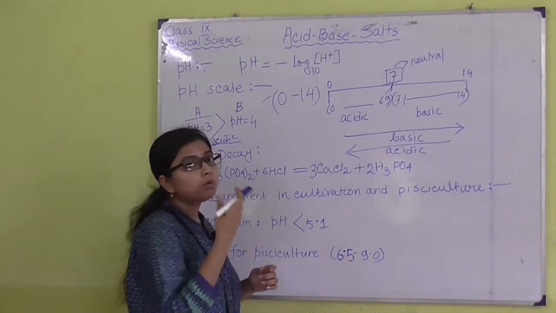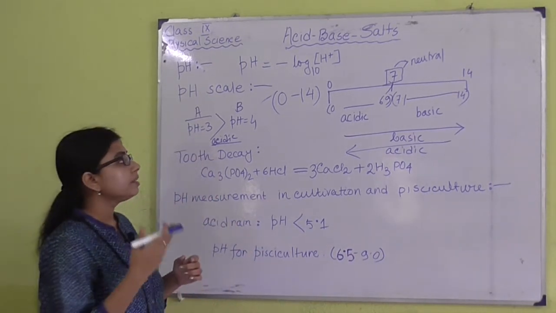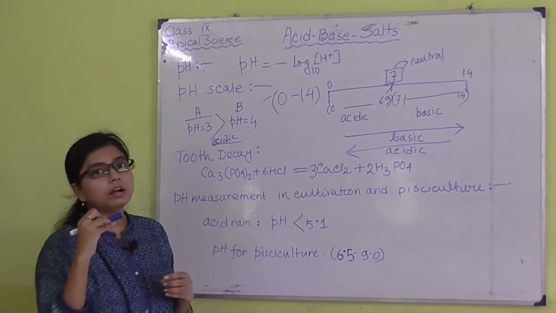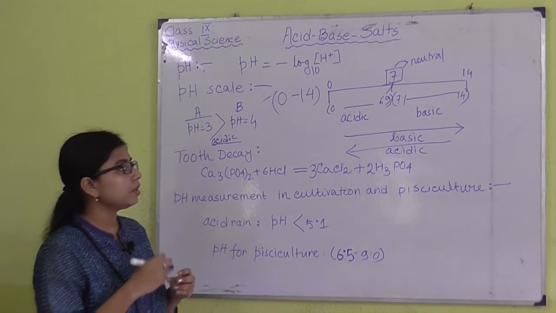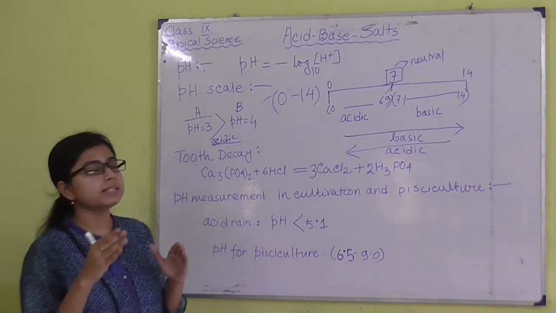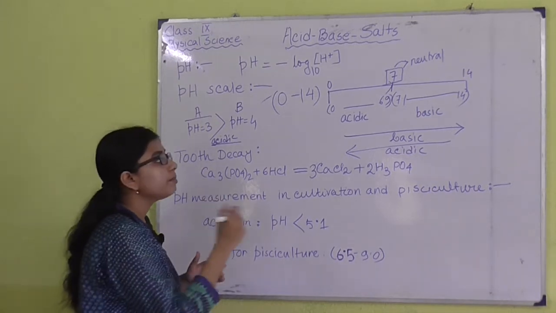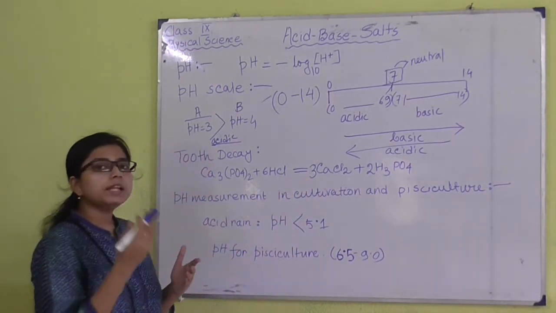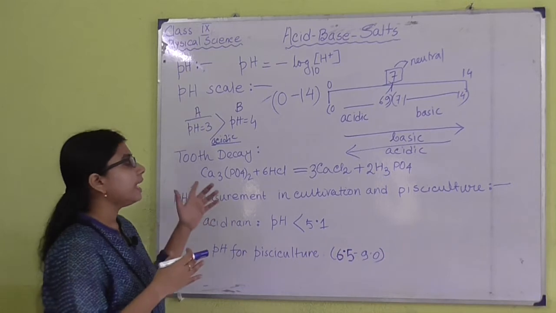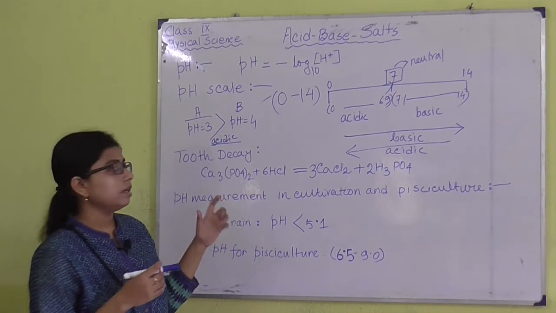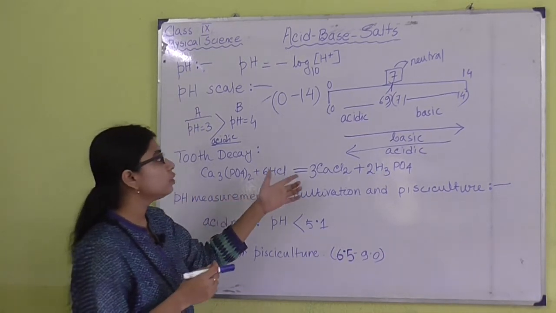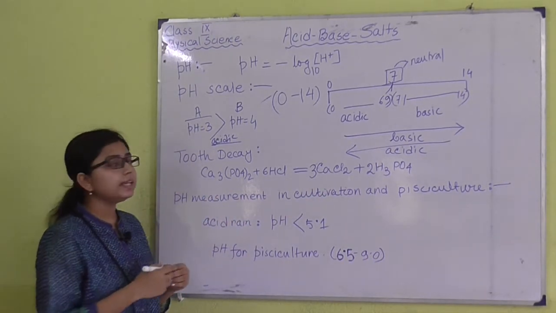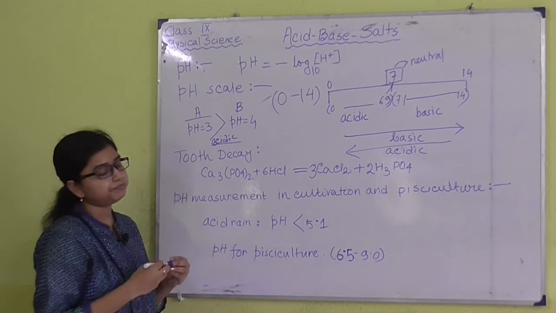And if we want to stop this phenomenon, then we should brush our teeth regularly with fluoride toothpaste, because fluoride toothpaste can prevent the formation of CaCl2, because it will fulfill the tooth enamel portion, and thus prevent tooth decay. Okay. So in this way, pH is totally related with this phenomenon.